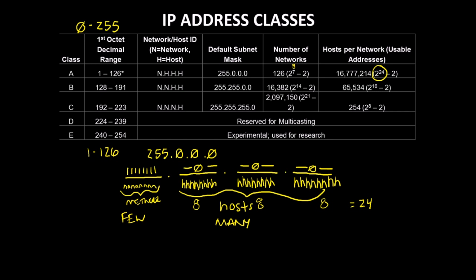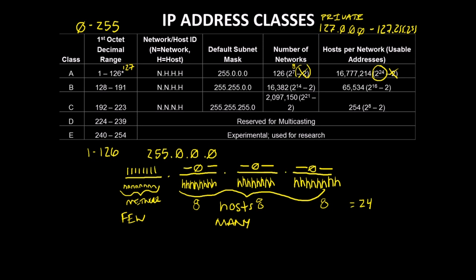And notice that we go in class A from 1 to 126, but we leave out 127. 127, full range, 0.0.0, all the way to 127.255.255.255 is considered a private range and is reserved. So we give up 1 bit in the class A, giving us only 126 to work with.